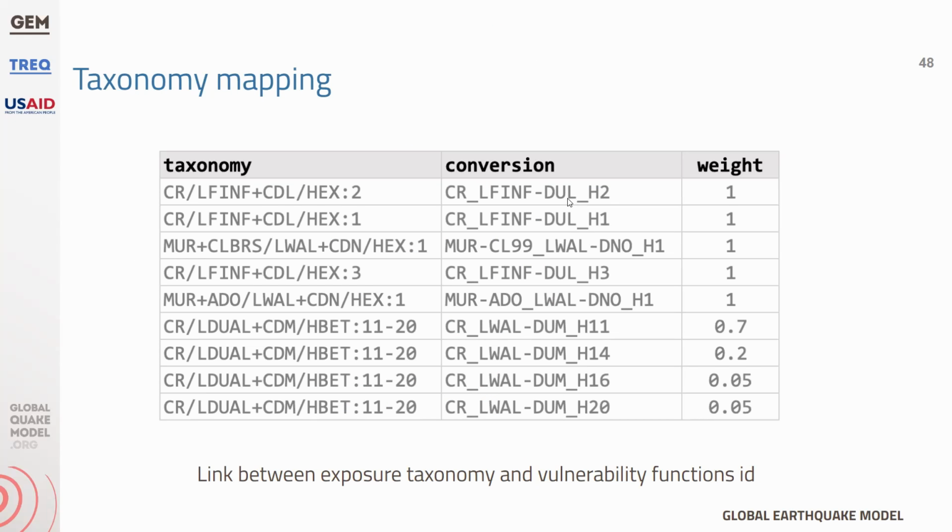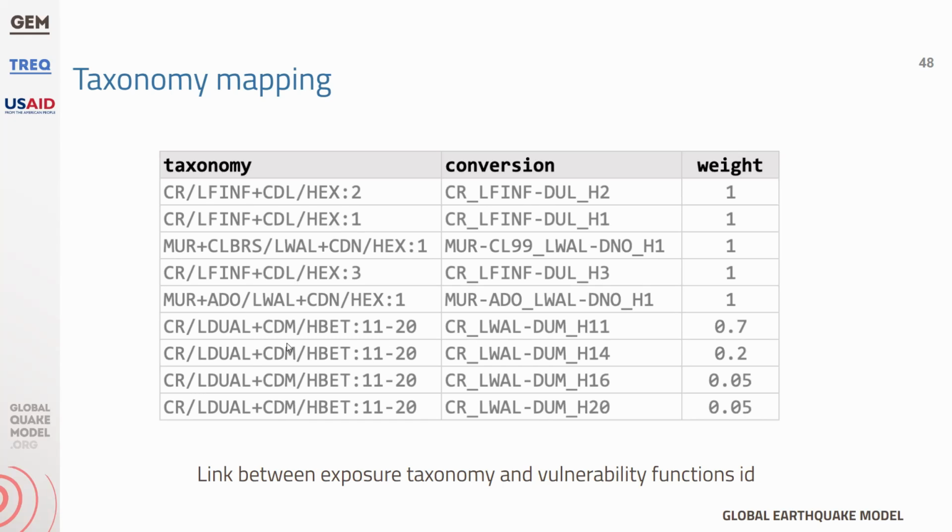I am 100% sure that it can be linked to this vulnerability curve that I found maybe somewhere else. And it's the same for this building class, unreinforced masonry. It's the same for 1 and 3 stories. It's the same for the adobe. So all of this, I am linking them to a single curve.